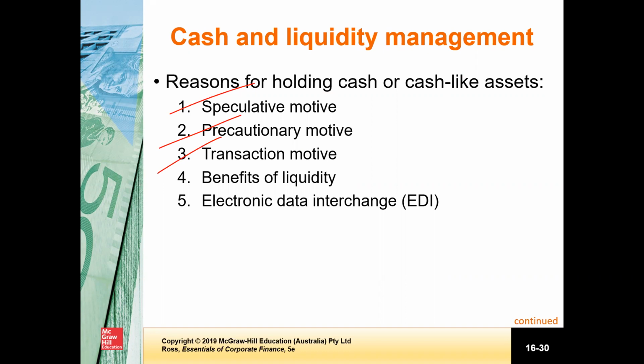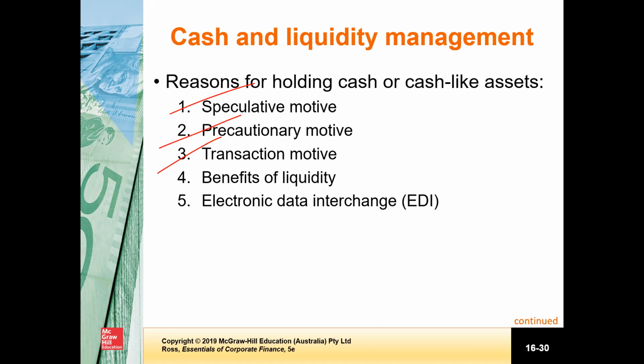The cash inflows and outflows are not perfectly synchronized, as we know, and some level of liquidity is necessary to serve as a buffer. Perfect liquidity is the characteristic of cash that allows it to satisfy the transaction motive.